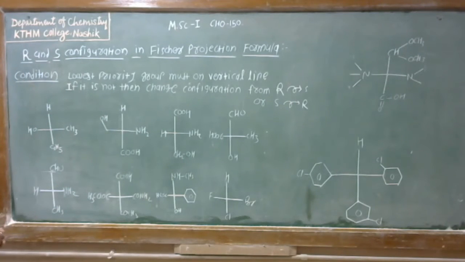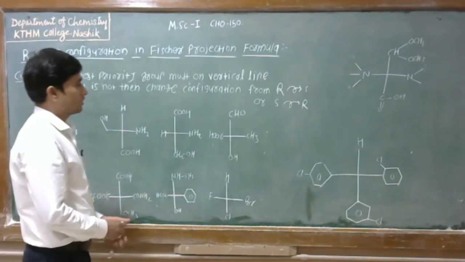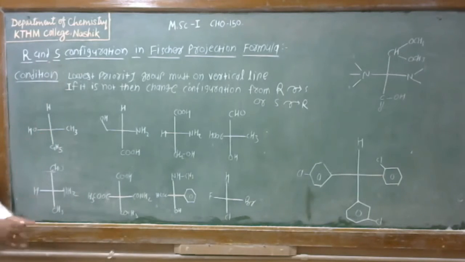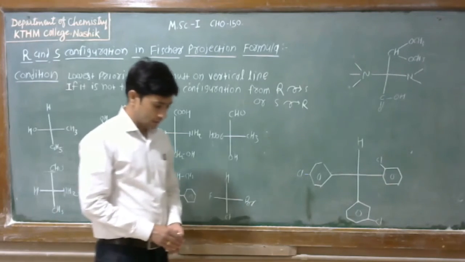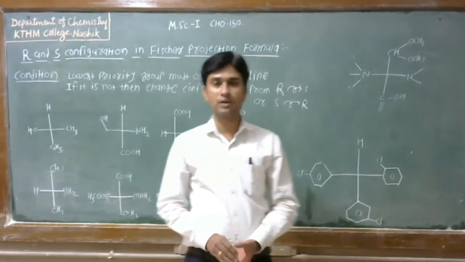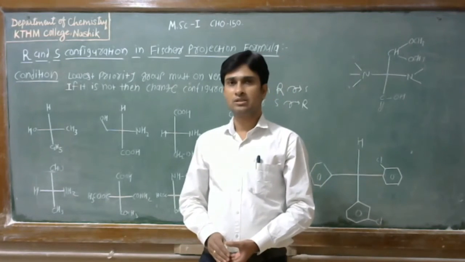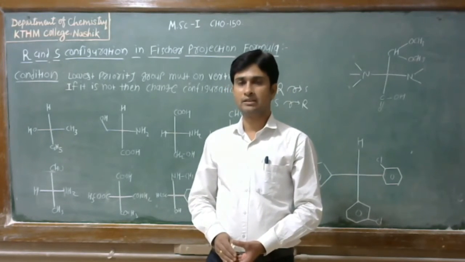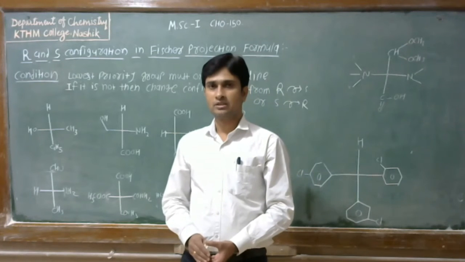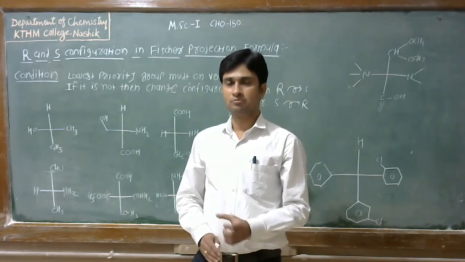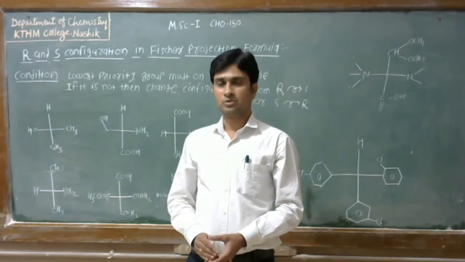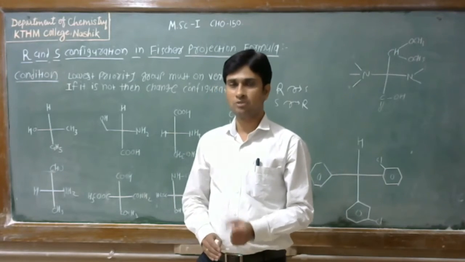So our condition for this determination is that the lowest priority group must be on the vertical line. As we discussed in the last lecture, the lowest priority group must be denoted by the dotted line. It means it must be toward the back side of the observer.